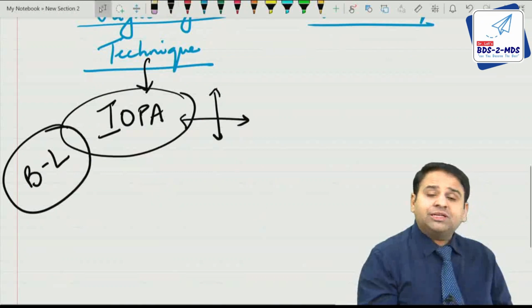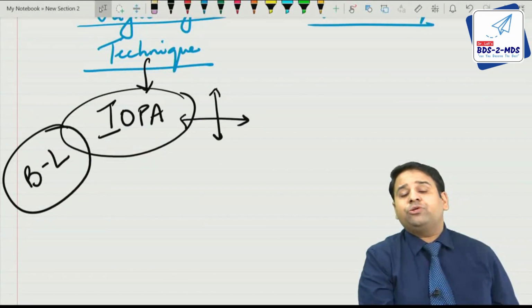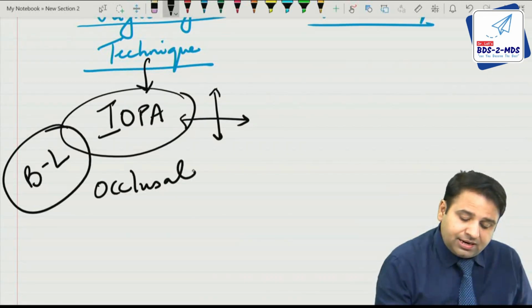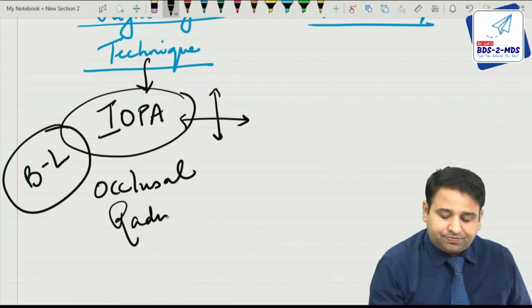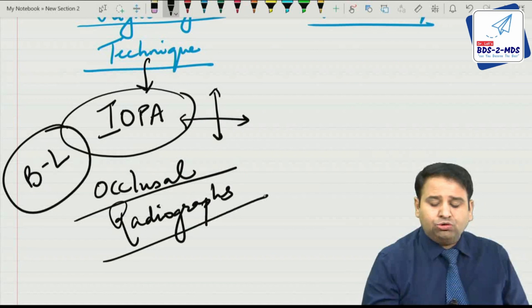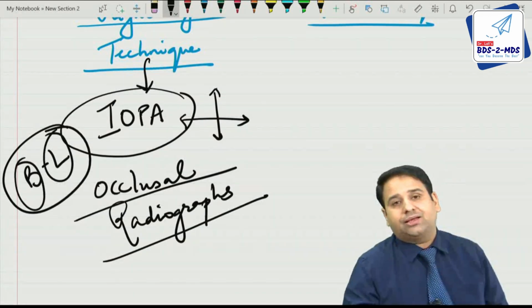So where do you see this buccolingual aspect of a tooth? Where do you see this? We see it on the occlusal radiographs. You know that an occlusal radiograph shows buccal as well as lingual areas, right?